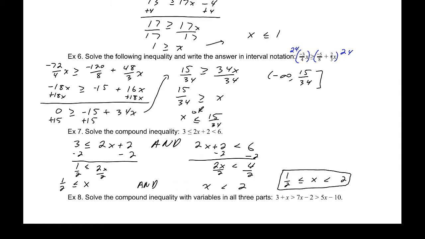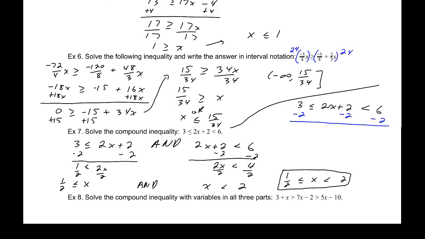I could have just worked with it the way it was. Okay, so 3 is less than or equal to 2x plus 2 is less than 6. I could have subtracted 2 from all three sides. By doing that, I get 1 is less than or equal to 2x is less than 4, and then I divide by 2, giving me 1/2 is less than or equal to x is less than 2.